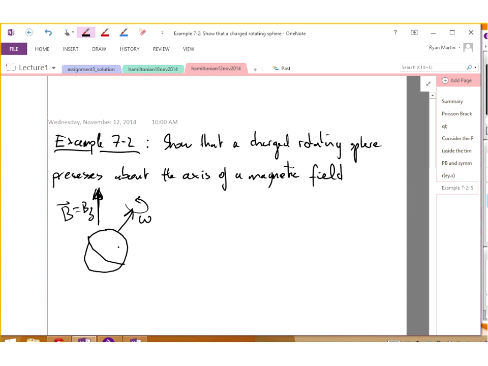So this sphere has a charge, well, let's call it little q. And what we're supposed to show is that the sphere precesses about the axis of the magnetic field.